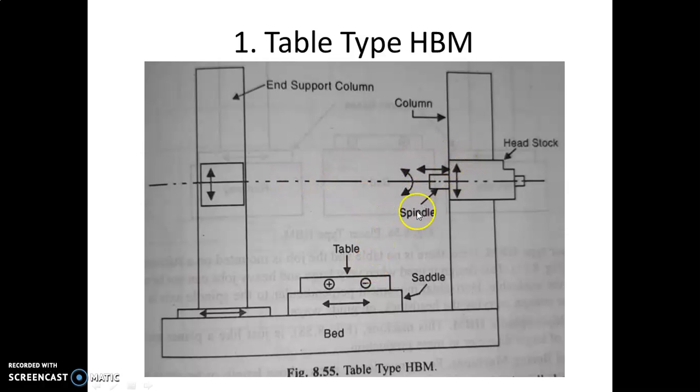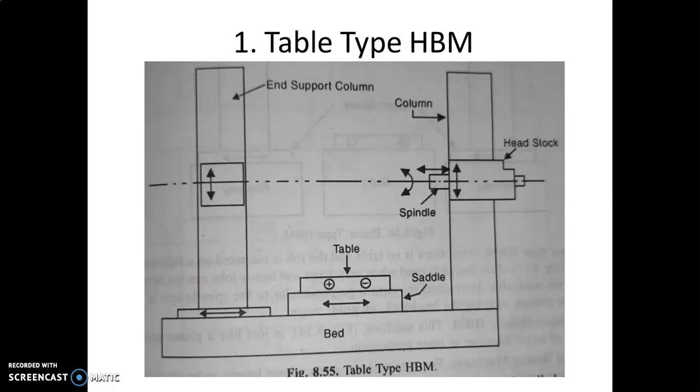This is the spindle axis, fixed in the headstock, over which the cutting tool is mounted. The headstock carrying the spindle can be moved vertically along the column for adjustment to varying heights of the work.